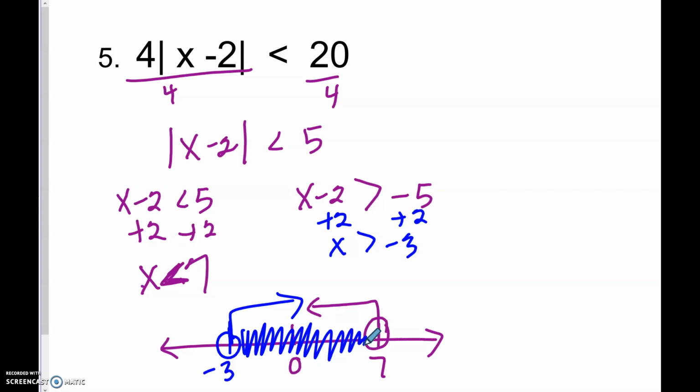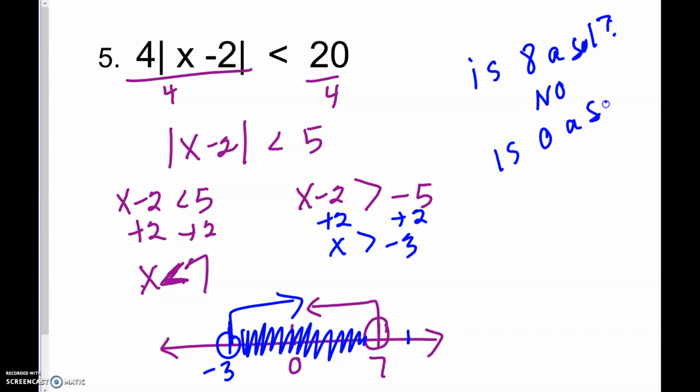So now if I just ask, is 8 a solution? Is the number 8 right here an answer? And the answer is no. Is 0 a solution? Okay, is 0 in that shaded region? So the answer is yes, it is in that shaded region.